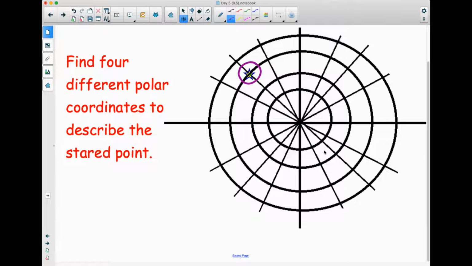Okay, so what is one ordered pair that will get me to that spot? And then let's go with degrees, if you did degrees. 3, 135. Okay.